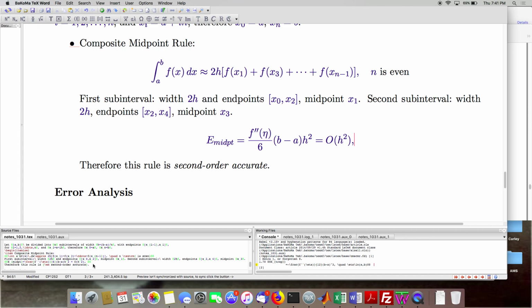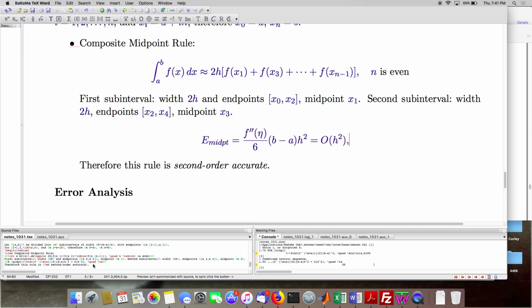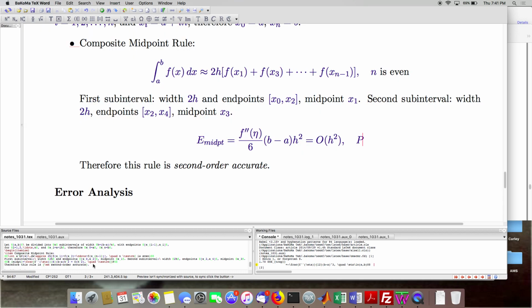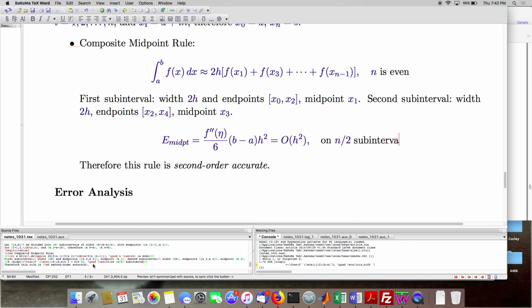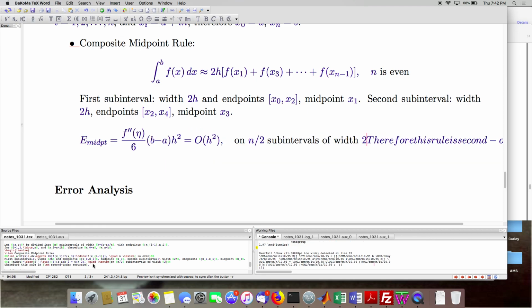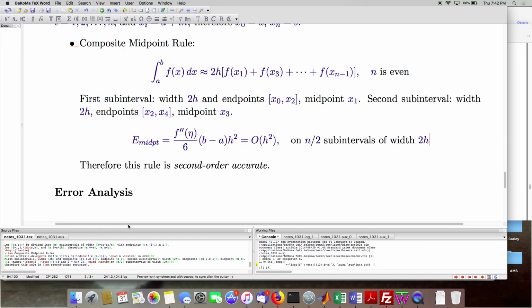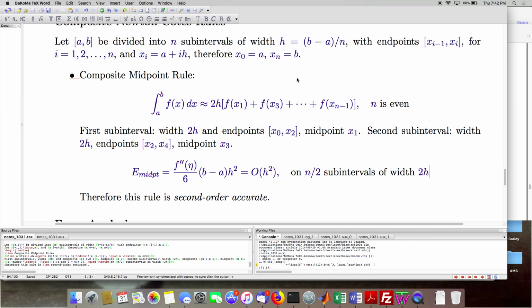Okay. Now, I want to point out this is on n over 2 subintervals of width 2h. Now, I did that, even though that's not what I have here, just because it's easier to write out what it is.